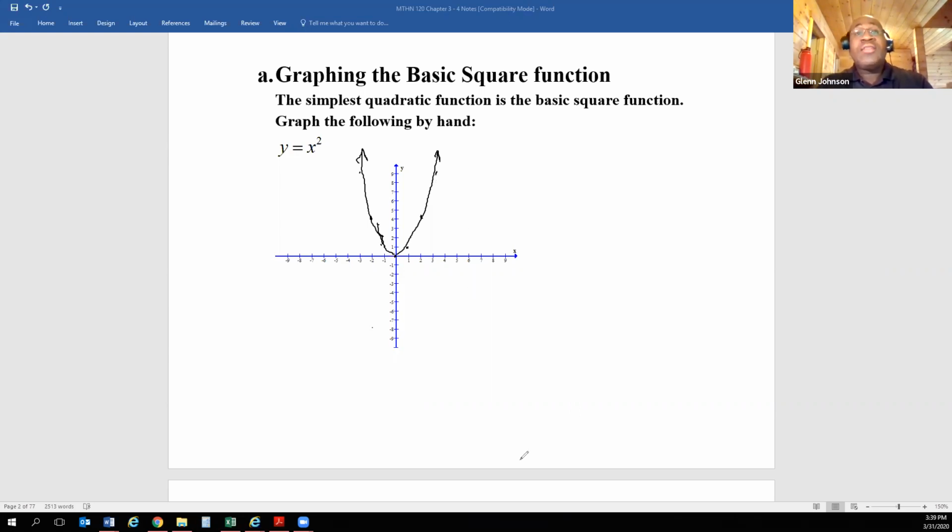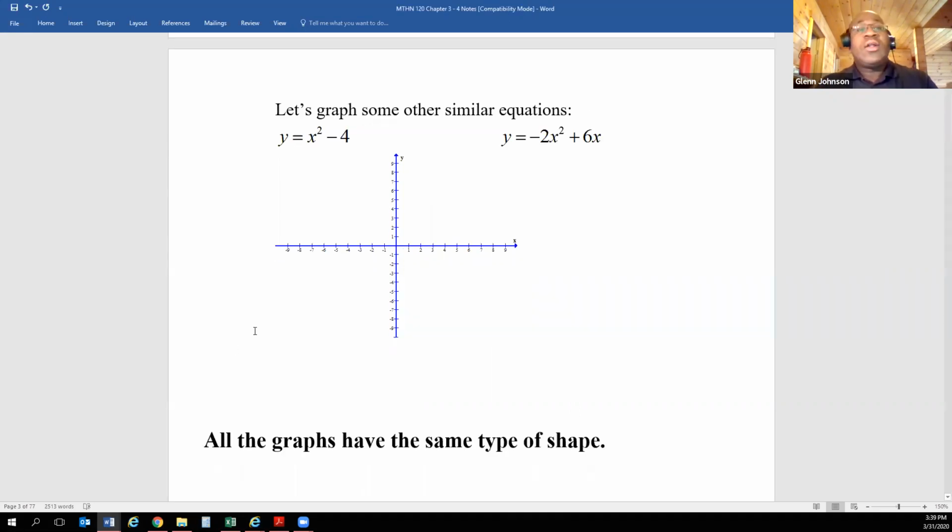Now, if we look at the graphs of other types of quadratic functions, we'll begin to notice something rather interesting: all the graphs of quadratic functions are going to have the same type of shape. If we look, for example, at these two examples, y equals x squared minus 4, the graph of this is going to look just like x squared.